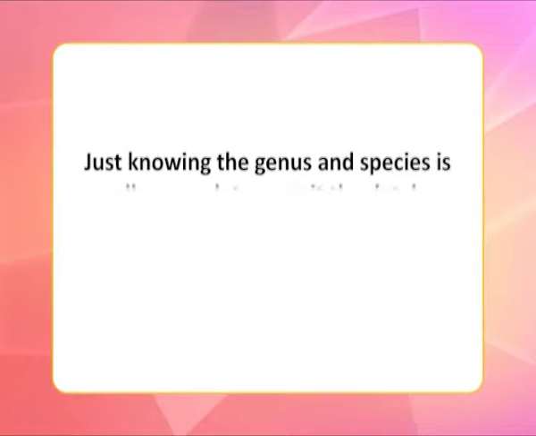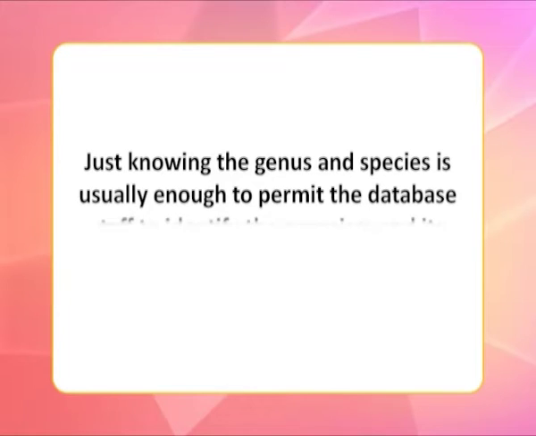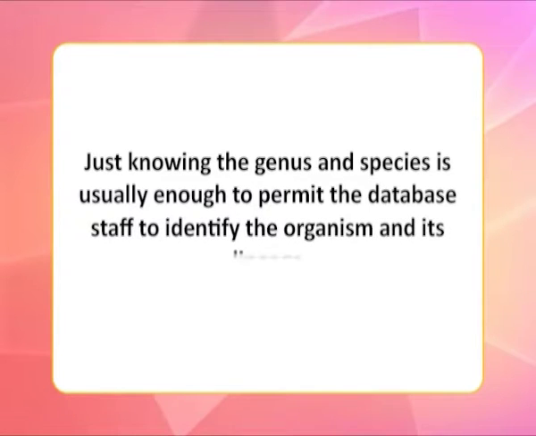If these are wrongly placed, an incorrect genetic code may be used for translation, with the possible consequence of an incorrectly translated or prematurely truncated protein product sequence. Just knowing the genus and species is usually enough to permit the database staff to identify the organism and its lineage.